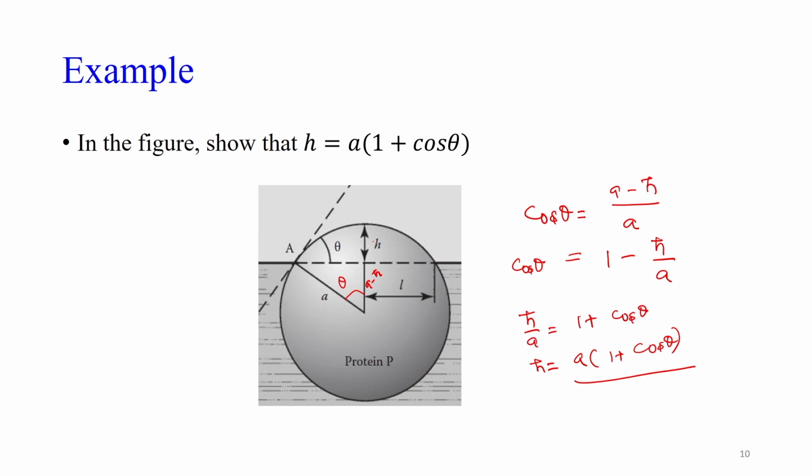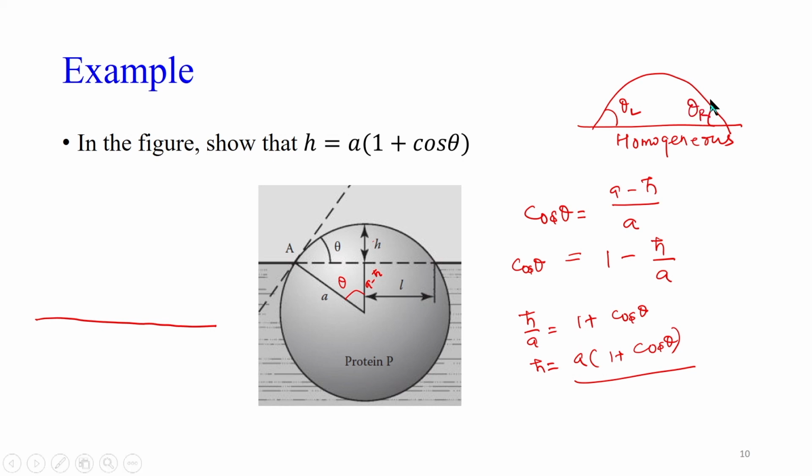Now, this is the one case. Next, another case may be where your surface is heterogeneous. Let us say you have a drop on a homogeneous surface, having homogeneous chemical and physical properties. So, theta left and theta right should both be the same.